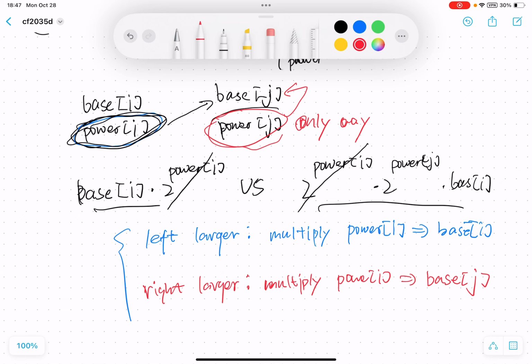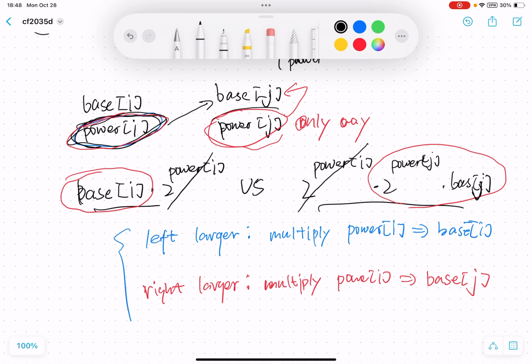We need to check where we should multiply the power g into any elements. So for every two elements in this array, we need to check which is larger. First one is base I, second one is base g.